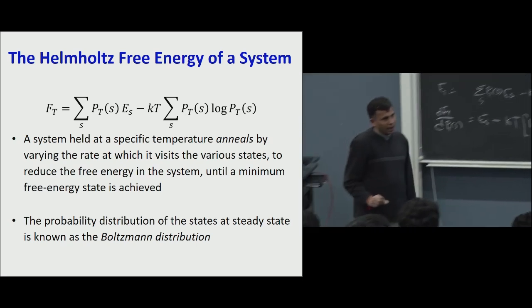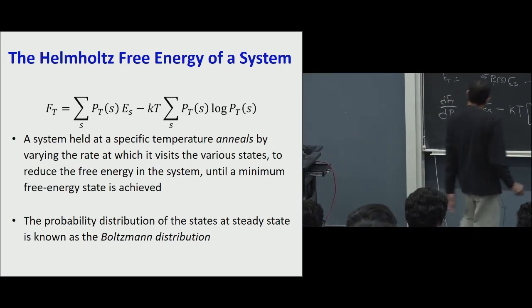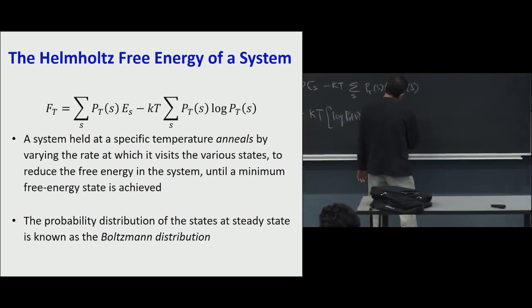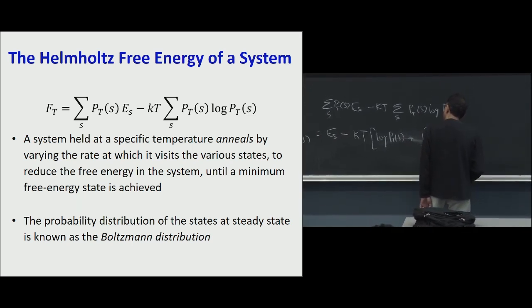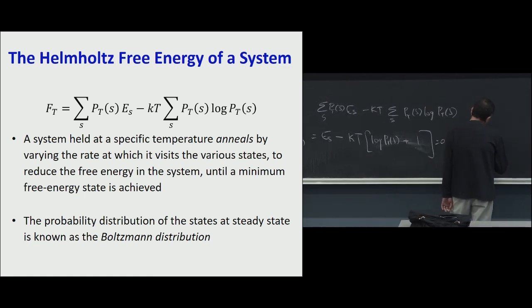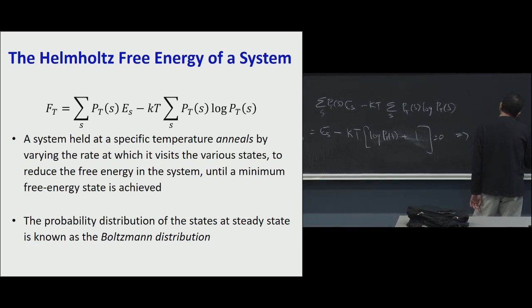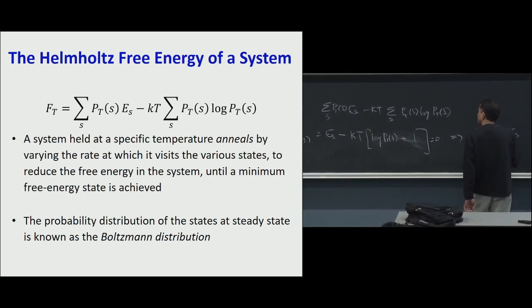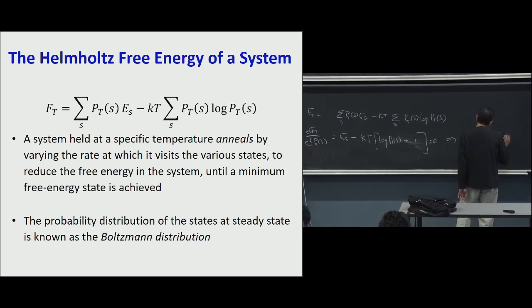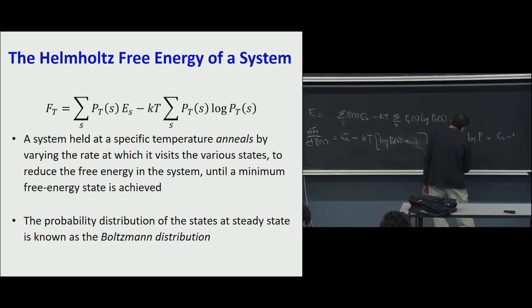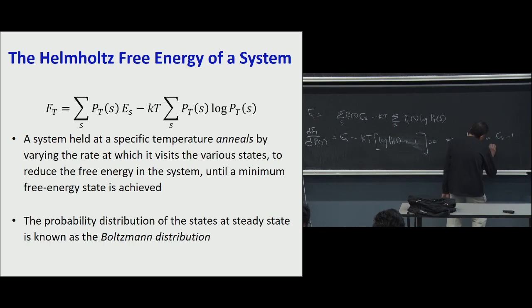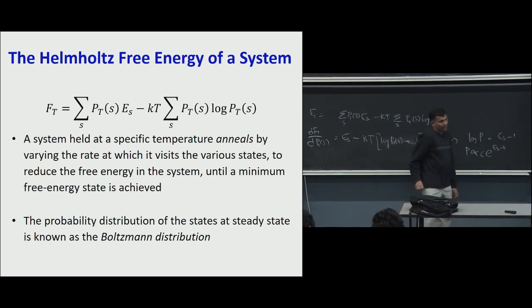And if you actually work this out, this equals 0. This implies log P is going to be E_s minus 1, is it? I might have some signs missing. So P is proportional to e raised to E_s minus 1, or some constant times e raised to E_s. This is basically what you're going to get. Is there a minus? I'm missing a minus somewhere.